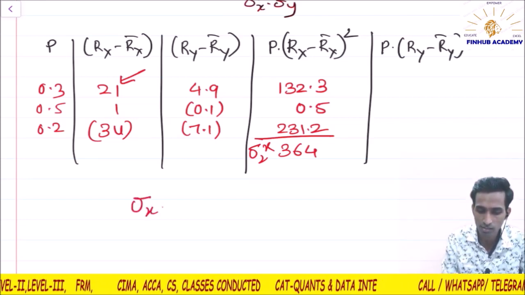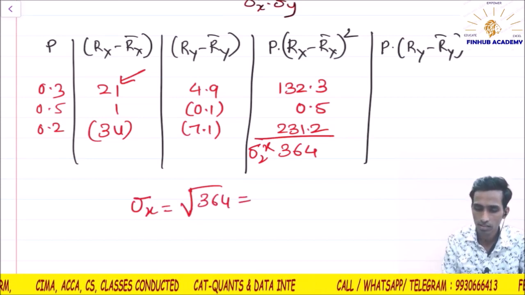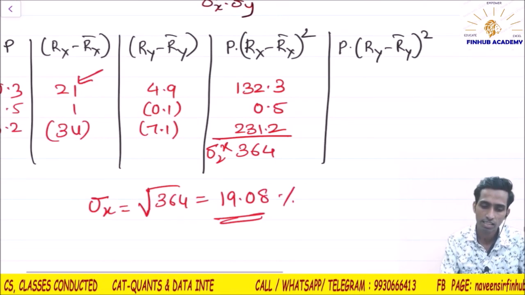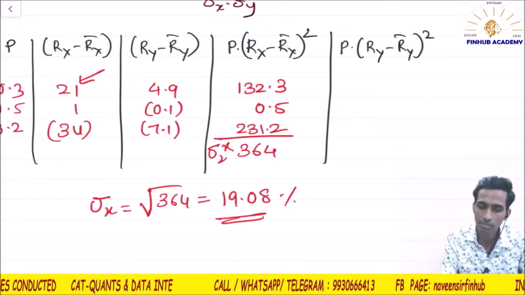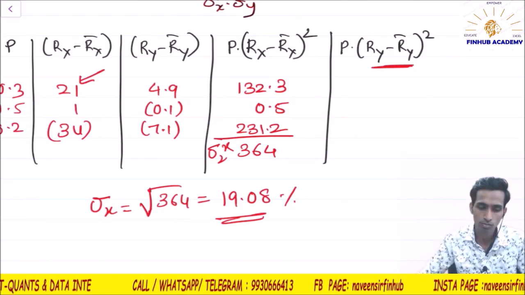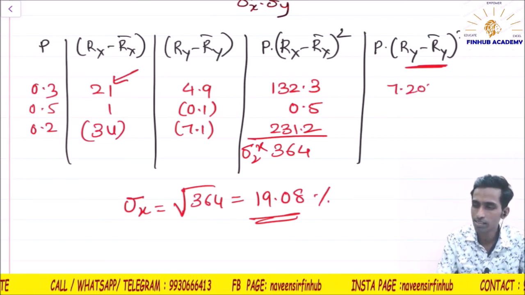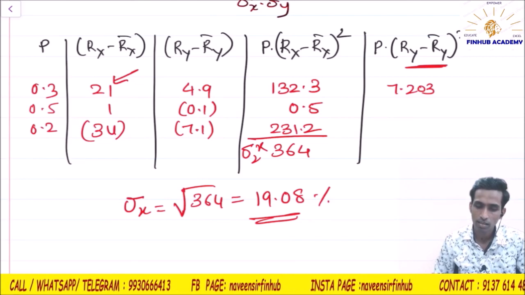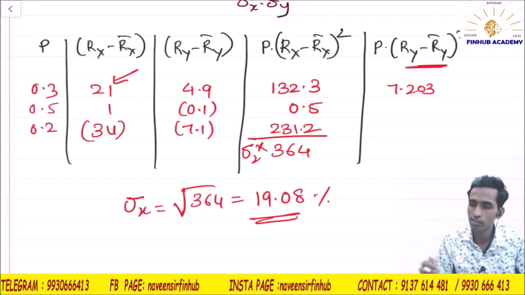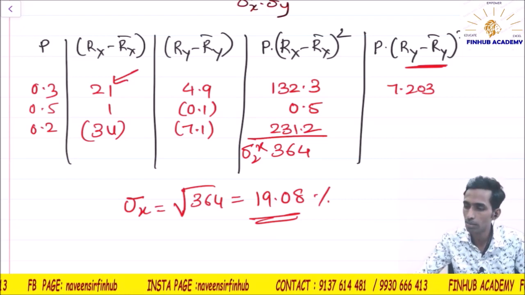Standard deviation of x is equal to root of 364. How much? 19.08 percent. Okay. Next, 4.9. Ry minus Ry bar the whole square. So 4.9 squared multiplied by 0.3, M plus, correct? Then minus 0.1 squared multiplied by 0.5.